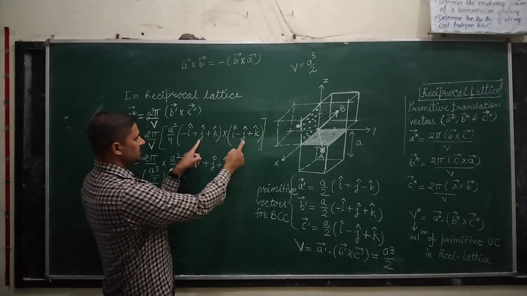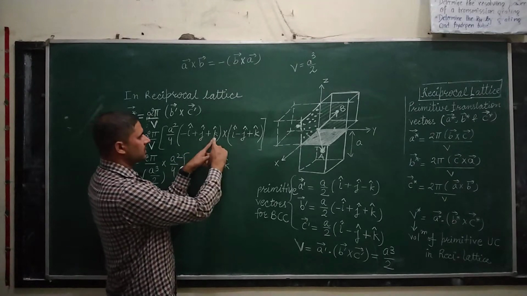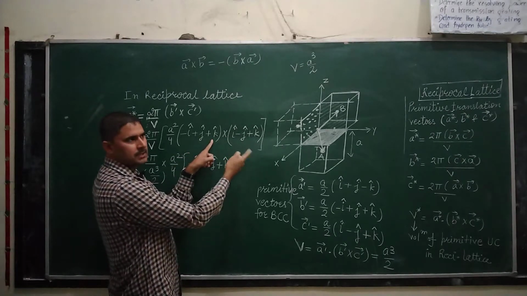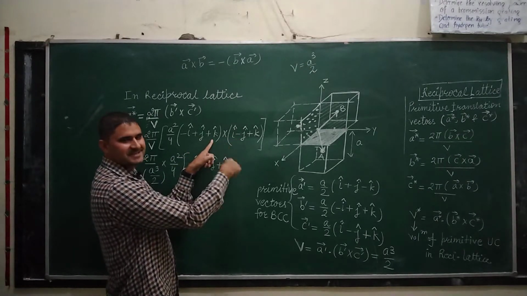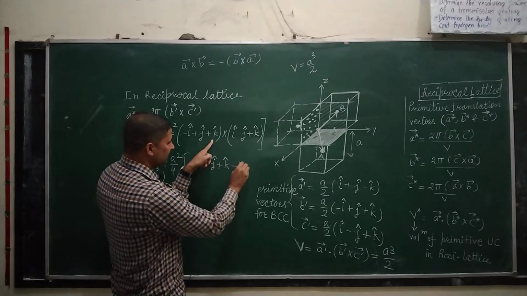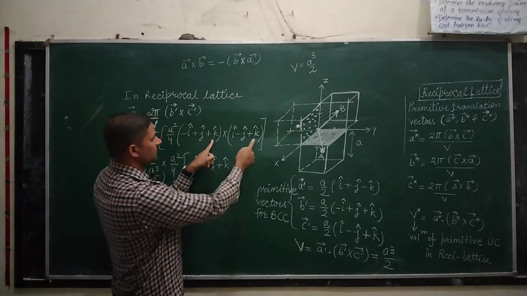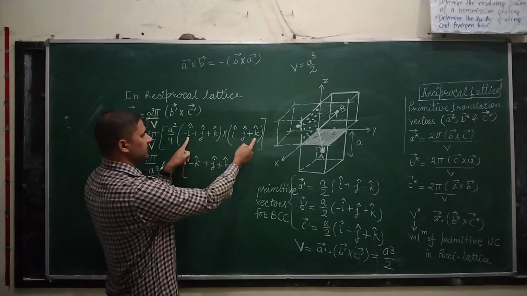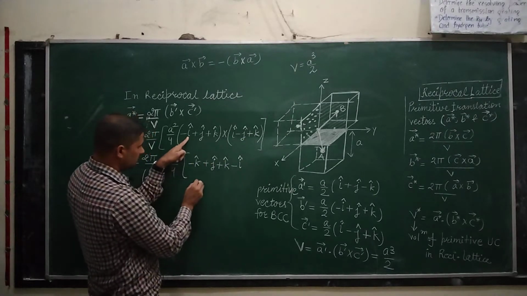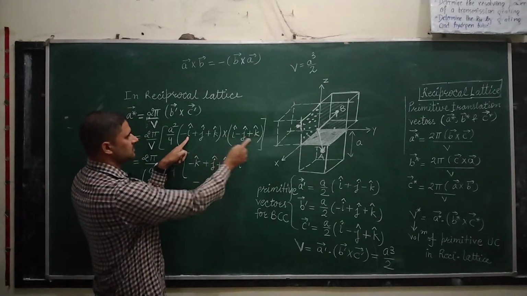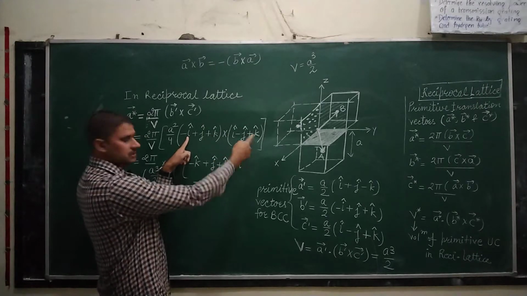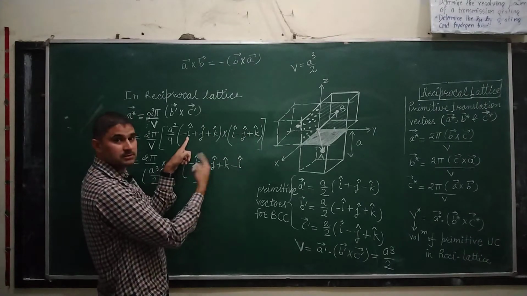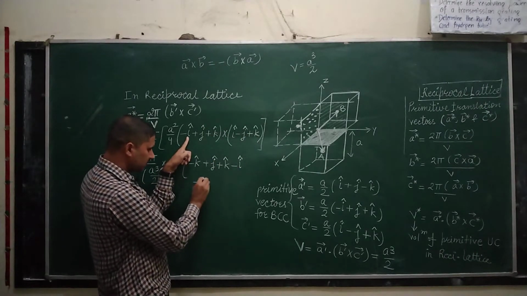Clear? And then j cross j, it will be 0, k cross j, it will be minus I, right? Now you will multiply I and k, negative sign is here, so it will be minus I cross k, it will be minus j. So minus minus plus.